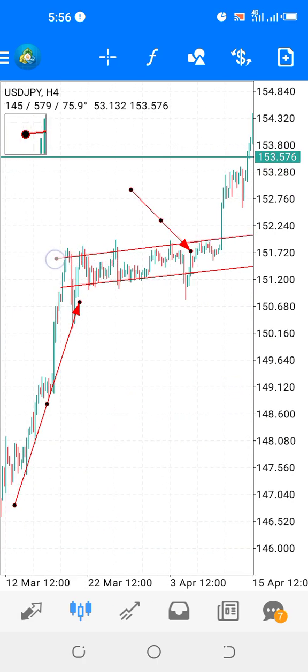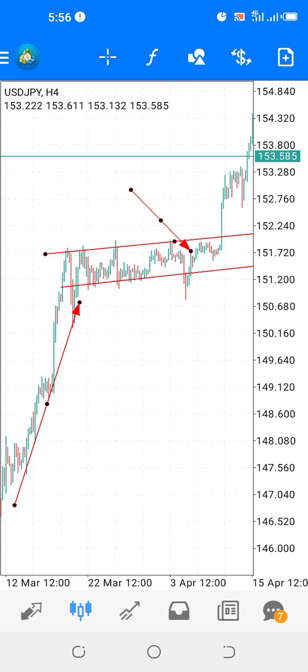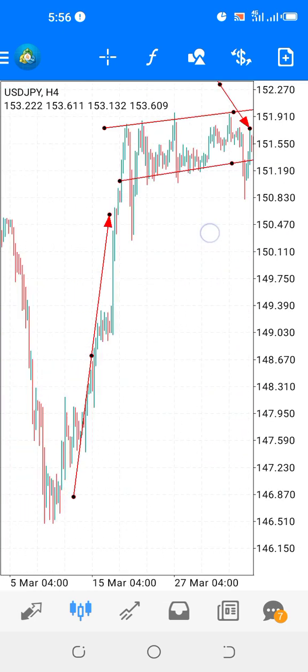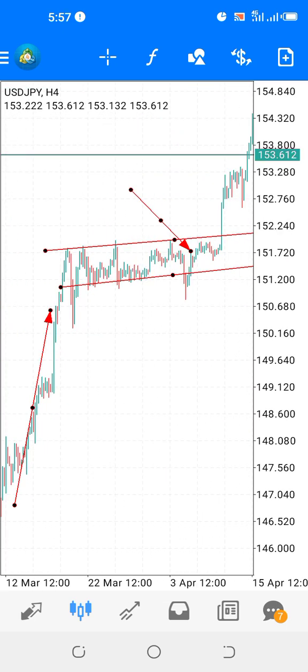Draw support and resistance lines touching at least two tops or supports, either at the bottom or at the top, and wait till price breaks out of this consolidation area. So the moment there is a candle that indicates a breakthrough, then you can continue to buy.